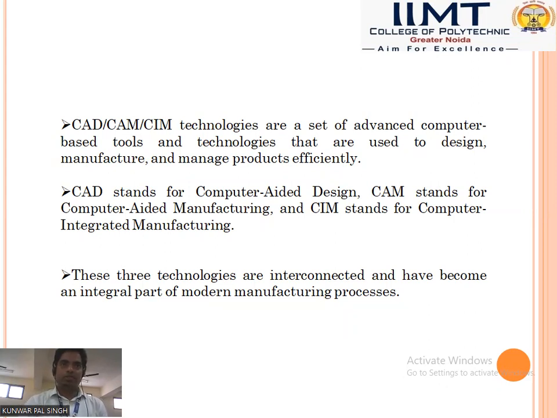These three technologies are interconnected and have become an integral part of modern manufacturing processes. So these all processes are needed to manufacture the product by the use of computers.